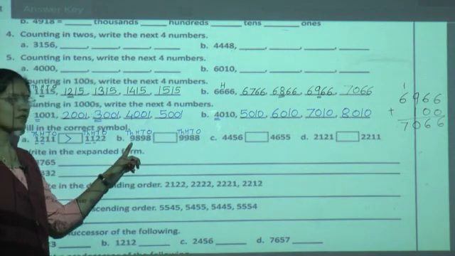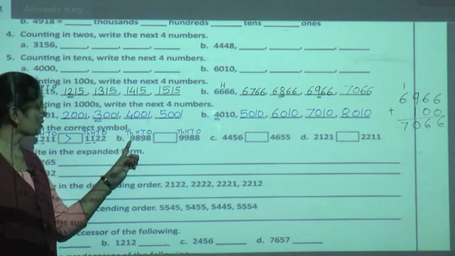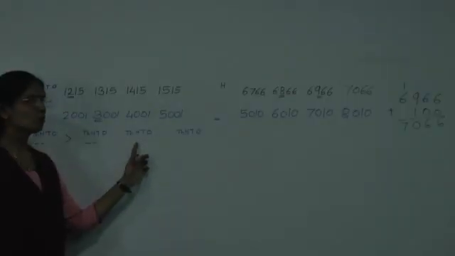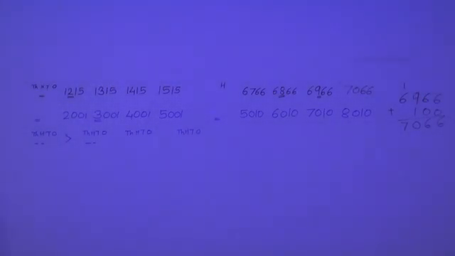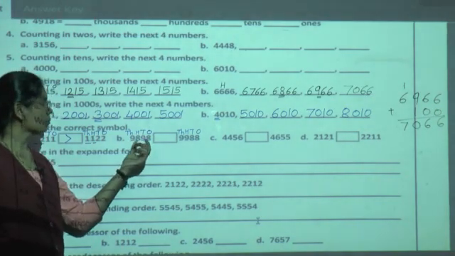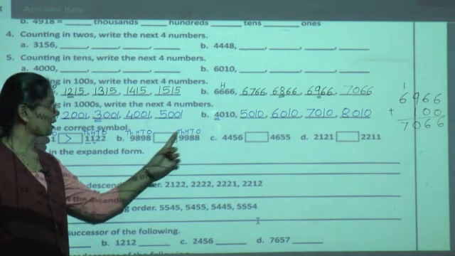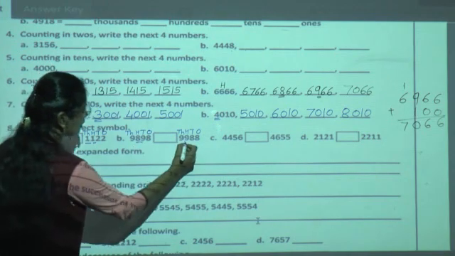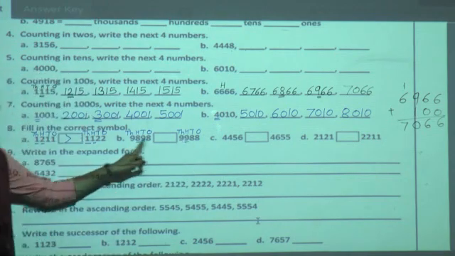Now see, compare the thousands place digit. Here 9 is there, here also 9 is there. Then we will move to the next digit which is at hundreds place. Here in this number at hundreds place 8 is there, and here in this number at hundreds place 9 is there. Now do the comparison, 8 and 9.